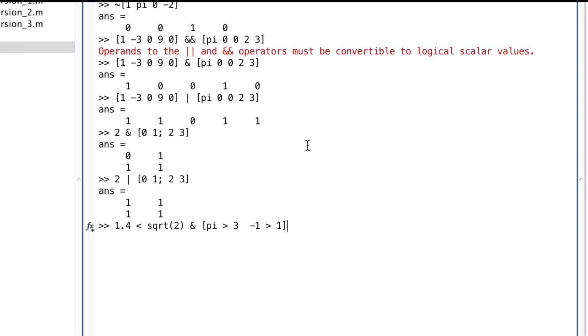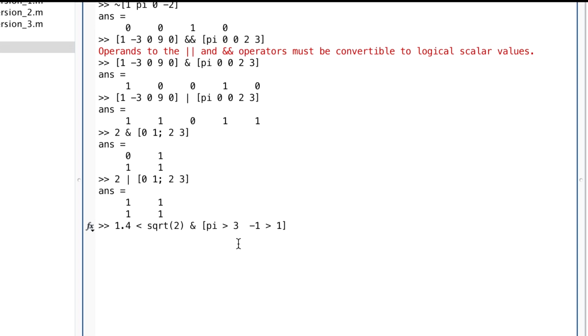Okay, the first relational operator, 1.4 less than square root of 2, will give true, since 1.4 is a little bit less than square root of 2. Inside the vector over here, the first element, which is the expression pi greater than 3, will be true, since pi is indeed greater than 3. But the second element, minus 1 greater than 1, is obviously false.